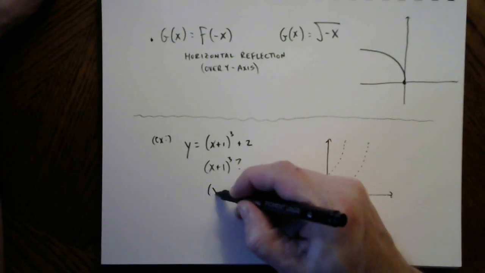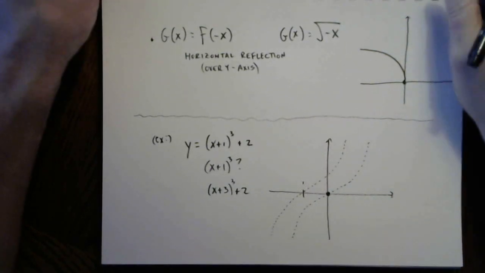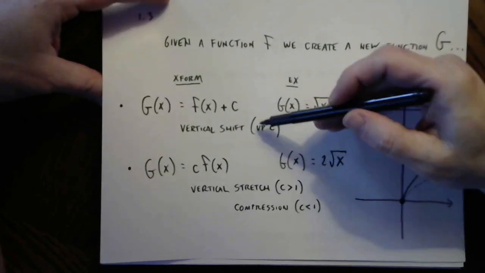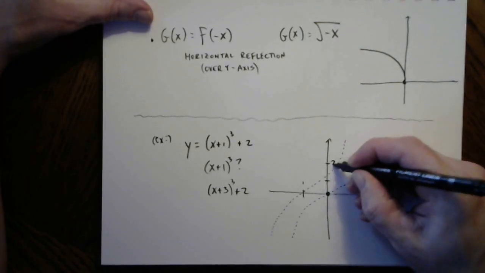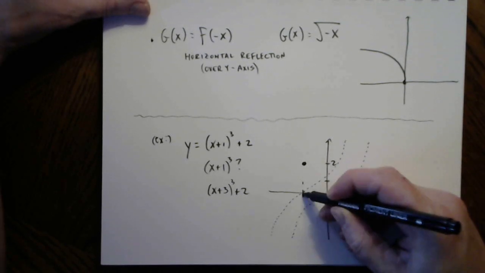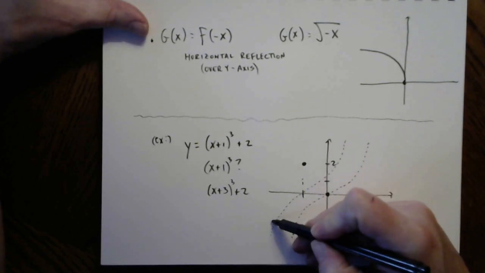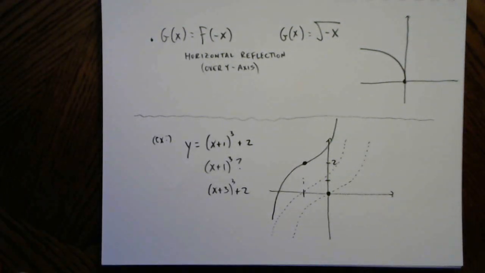Well, now I have that curve, and I'm going to add 2. That's now the vertical shift. That's going to be up 2 units. So if this is 1 and 2, this is my new origin. I've shifted and I've shifted. And I do the best I can to put the shape in.